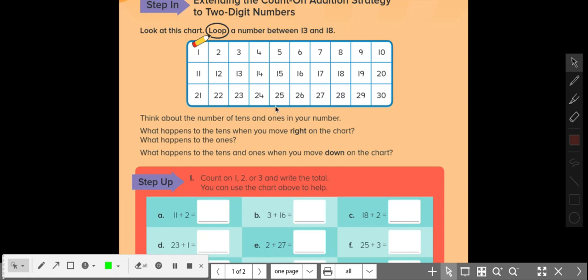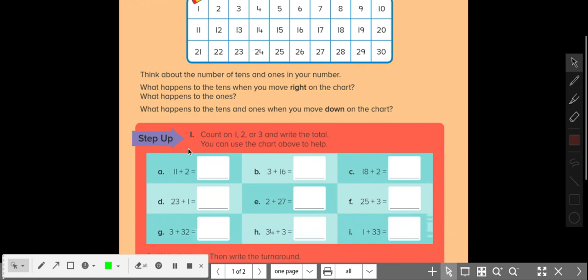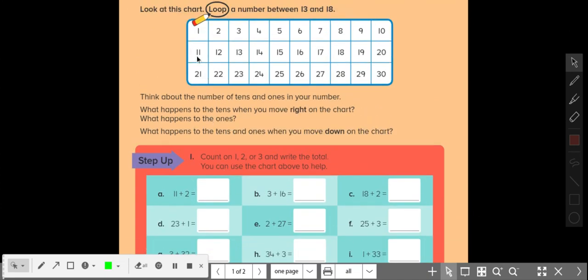I have a feeling that they're going to make us think beyond this chart though, so let's keep that in mind. At some point, we're probably going to have to move beyond the chart. So let's look at letter A. 11 plus 2 equals blank. So I'm going to look at 11 and I'm going to jump 2 spaces because I'm adding 2. So 11 and then 1, 2 jumps, and my answer is 13.